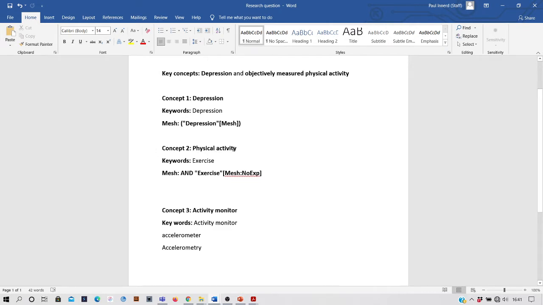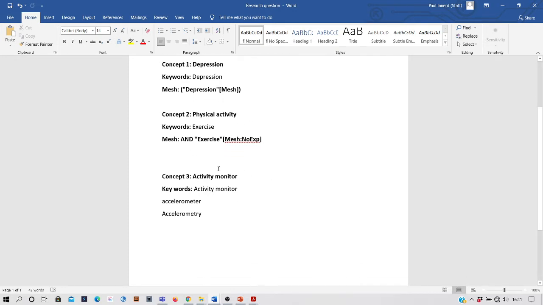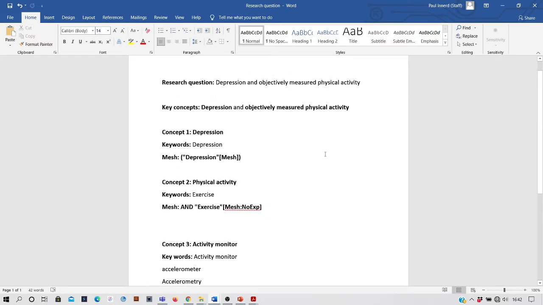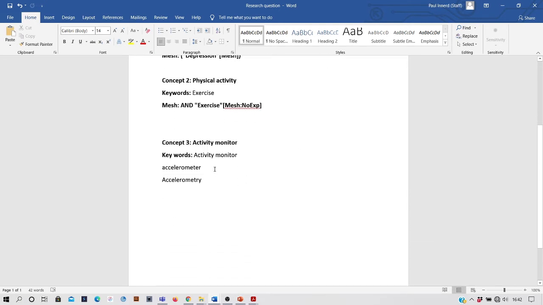Concept 2, physical activity: obviously a huge synonym, a really common word used interchangeably with physical activity, is exercise. So I would search for exercise as well as physical activity. In concept 3, where I've got activity monitor as the theme, we could have activity monitoring, and quite often the device used contains a sensor called an accelerometer.